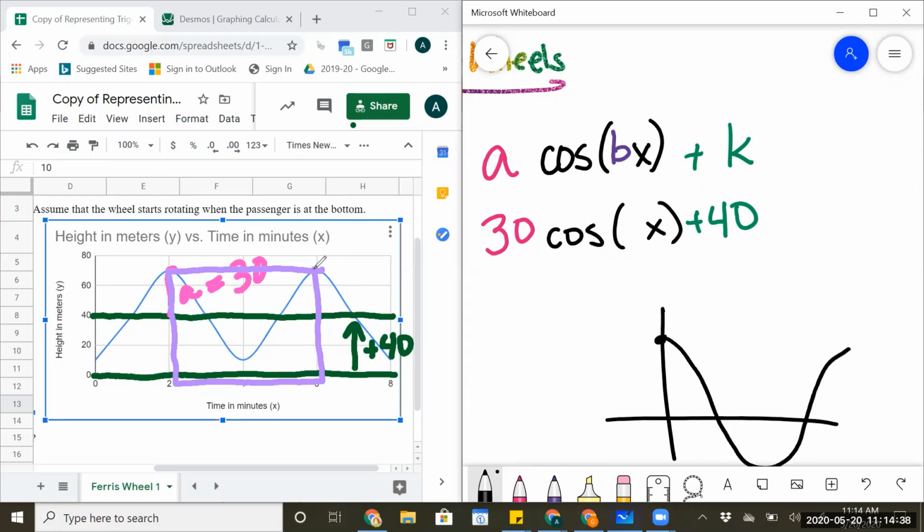So they start up here at the top, go to the bottom, and then come back to the top. What happened with this graph? Well, if we look over here, we started at the bottom, then went to the top, back down to the bottom, and so on and so forth. So really what's happening is now our graph looks like this.